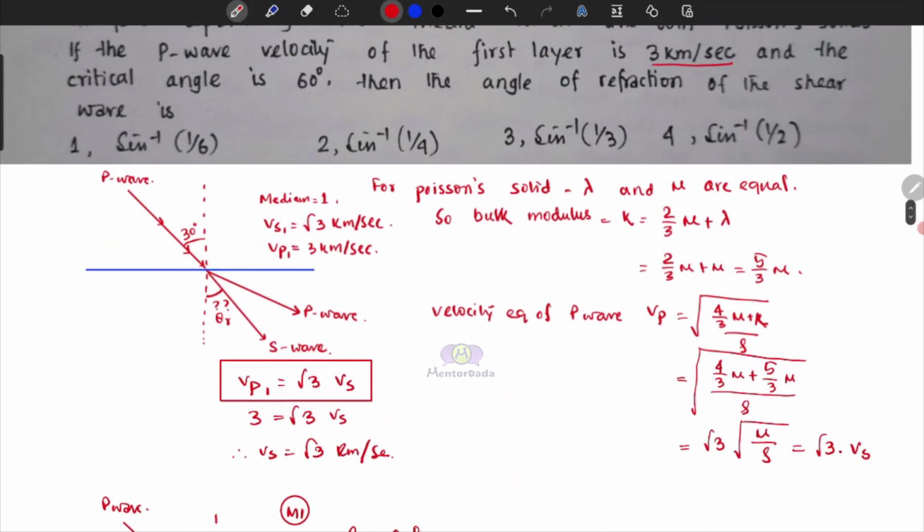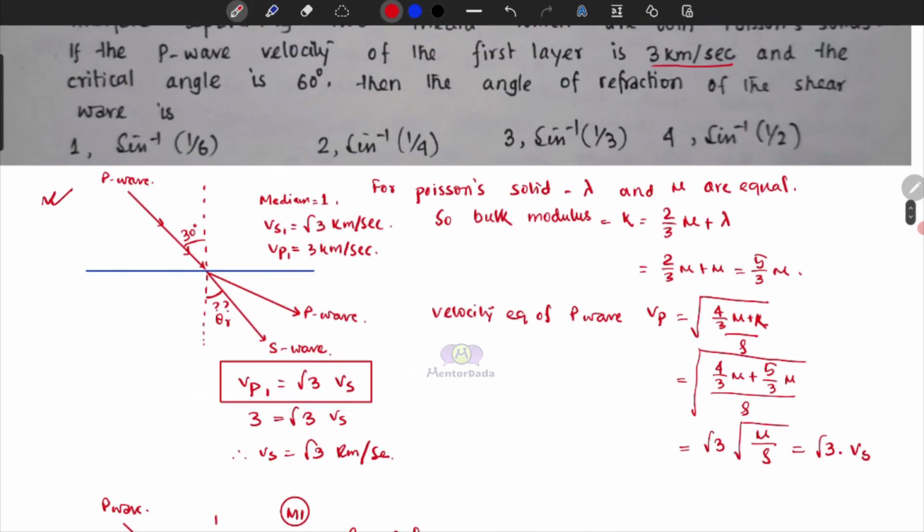So now just consider this situation, this diagram. The incident angle is 30 degree and the angle of refraction is theta r, theta r of S wave. We are not considering the P wave, we are considering the S wave of medium 2.